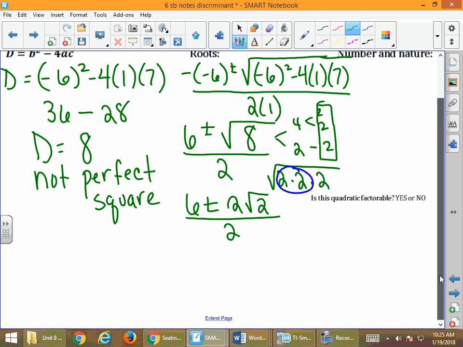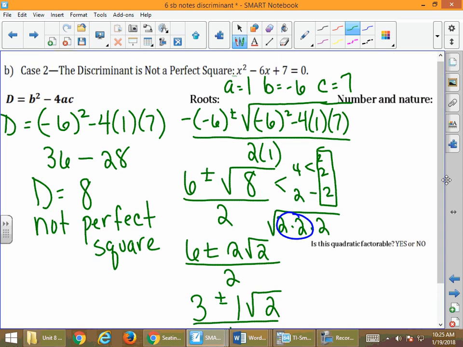We can divide all of these by 2, because they're all even numbers. 6 divided by 2 is 3. 2 divided by 2 is 1. 2 divided by 2 is 1. No, you don't have to write the ones. But you, like me, are probably running out of space at this point. But you can write 3 plus or minus the square root of 2, which are the answers, the roots, the solutions, the x-intercepts to this function.